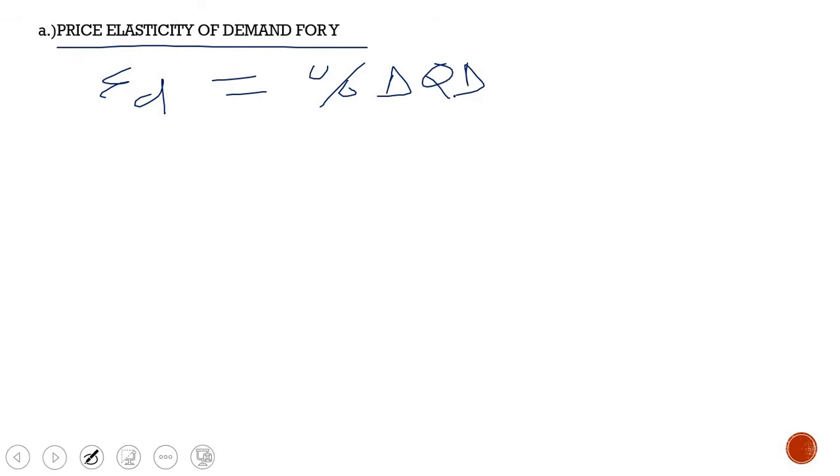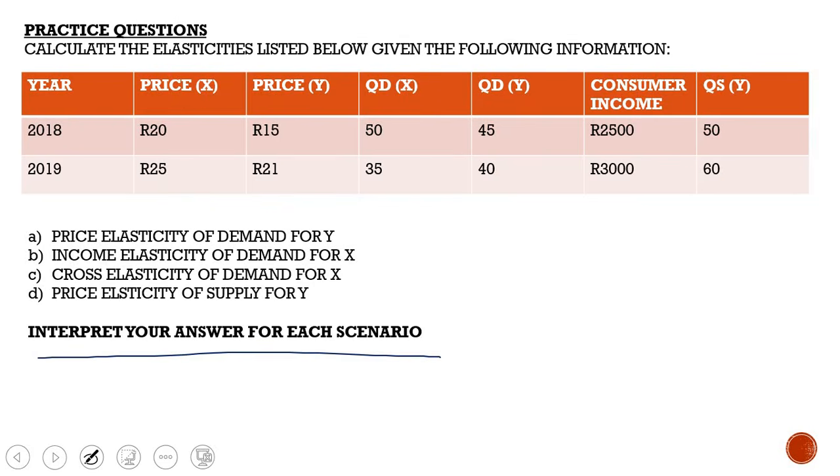Price elasticity of demand for Y, E of D, is equal to the percentage change in your quantity demanded over the percentage change in your price. In this one, we have the percentage change in quantity demanded for Y, so we're looking at this column here, and the percentage change in price, so we're looking at that column there.